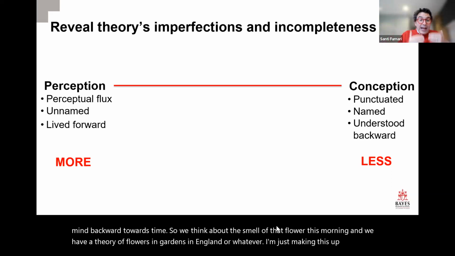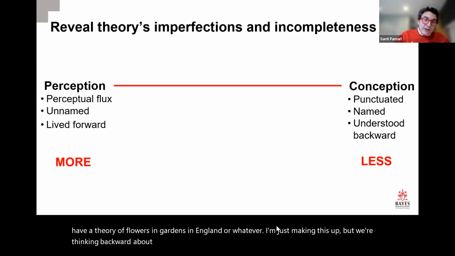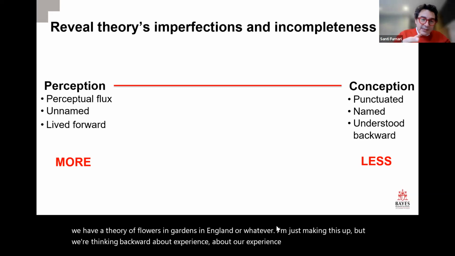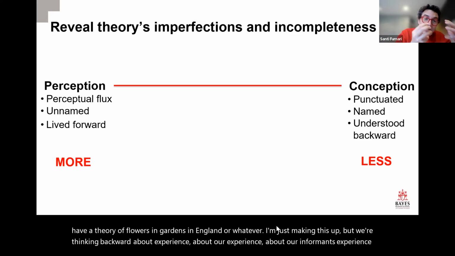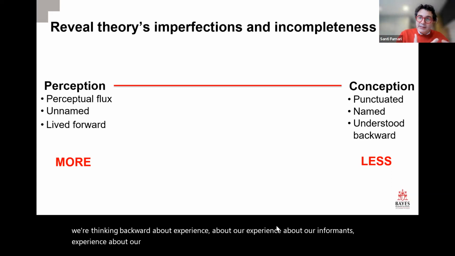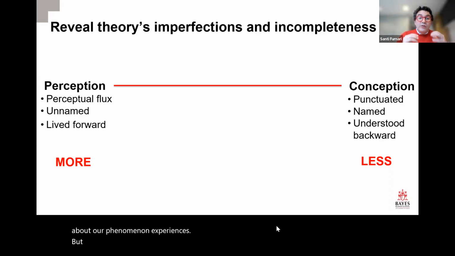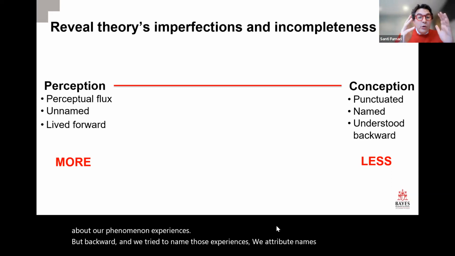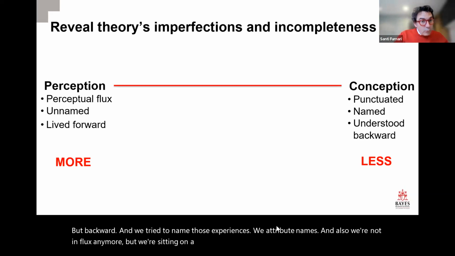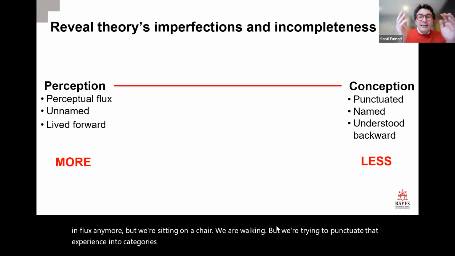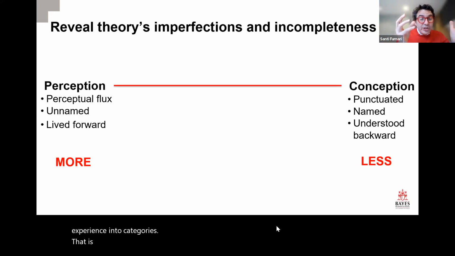But we're thinking backward about experience, about our informants' experiences, our phenomenon's experiences. We try to name those experiences. We're not in flux anymore, but sitting on a chair, and we're trying to punctuate that experience into categories. That is conception, and it is by definition less than perception.